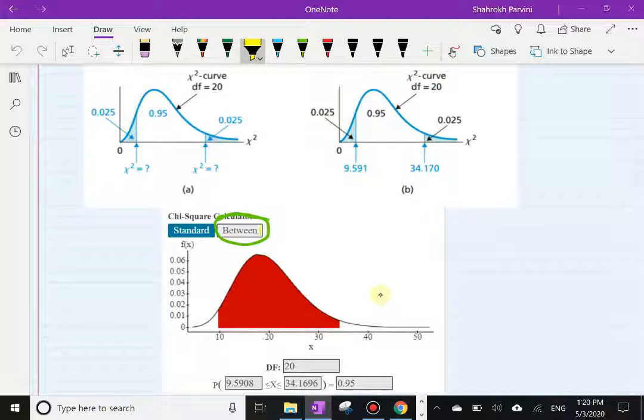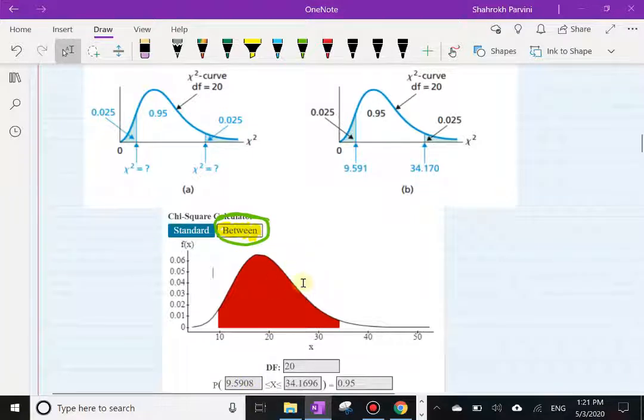Okay, and that I have it here circled in green. Now I'm highlighting it in yellow. That's the option that will give you the between areas. And this is actually a clever way of doing what he has done in order to get these two extreme numbers. For the right tail, 34.17 is right here, and for the left tail, 9.591 is right here.